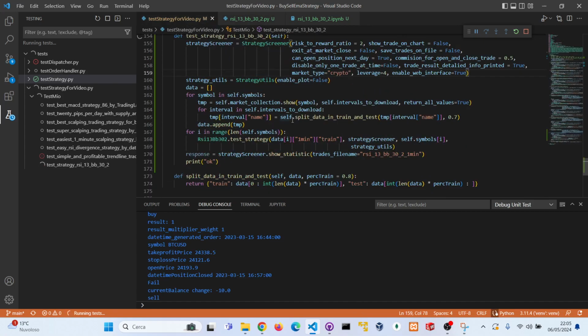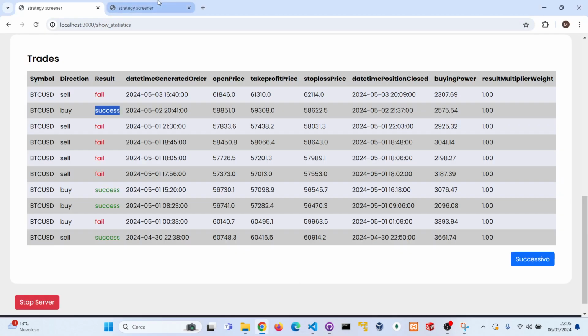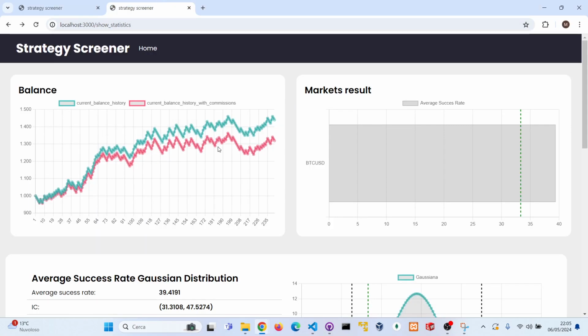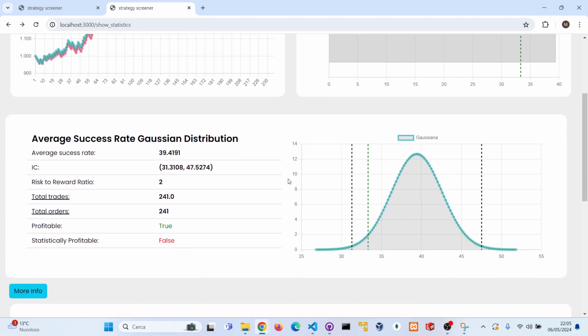But now let's reveal the basic result of this strategy. As you can see, this strategy is profitable only with the basic condition, but will it be statistically profitable? No. As you can see, it's not statistically profitable.